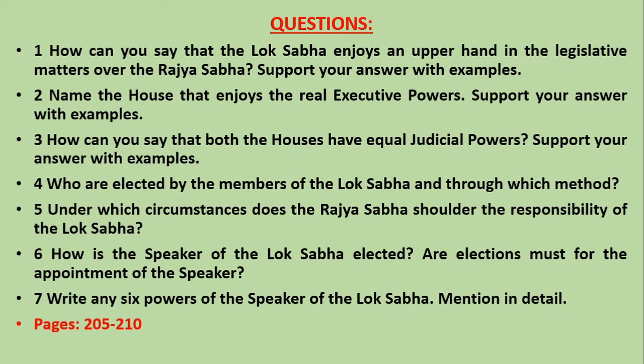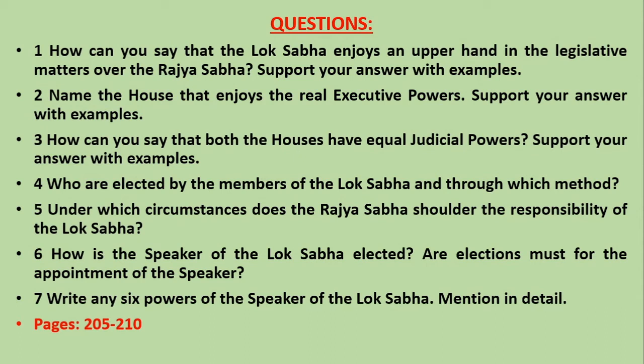Third question is, how can you say that both the houses have equal judicial power? Support your answer with examples. Yes, this is a matter where both the houses are equal. This is called the impeachment procedure. In case of impeachment of judges of the Supreme Court, High Court, Chief Justice of India, or the President of India, Vice President of India, Comptroller and Auditor General of India, they can be impeached by the Parliament, by both houses, but there is no joint session.